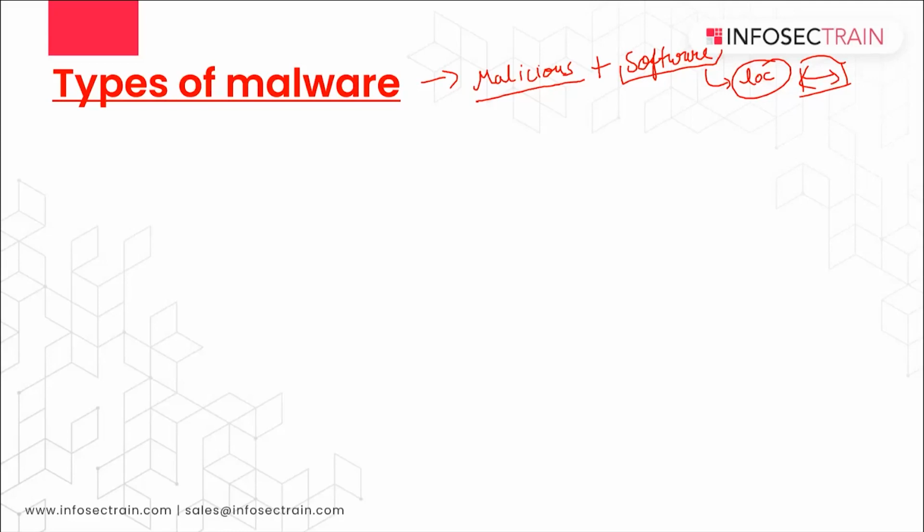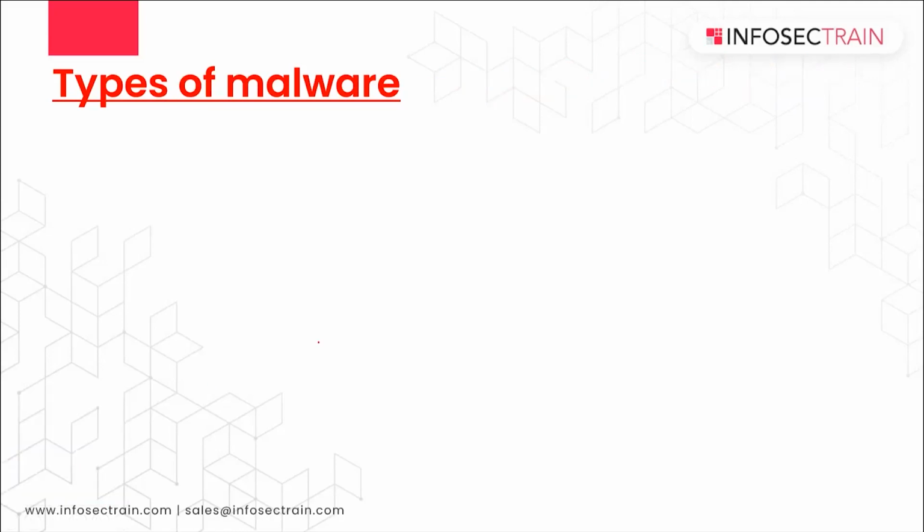Okay, so in the past, if you go and read some case studies, you will find that there were multiple malware which were able to disrupt the whole organization, disable any operating system or application, or force any target system or network to slow down.